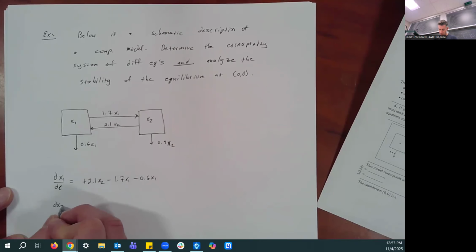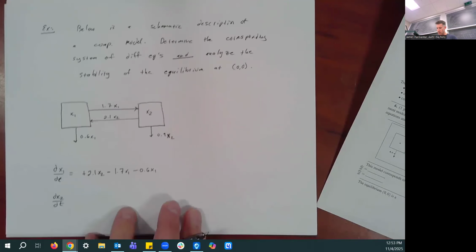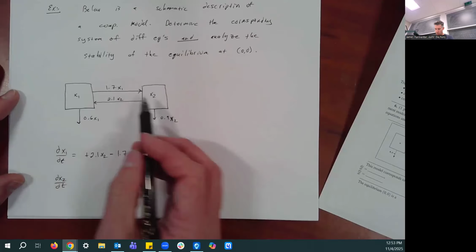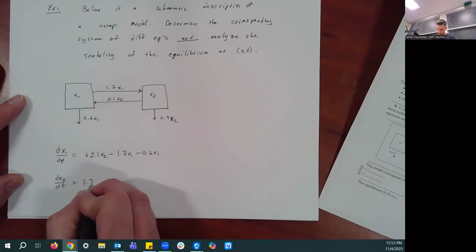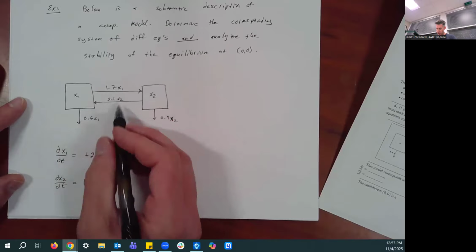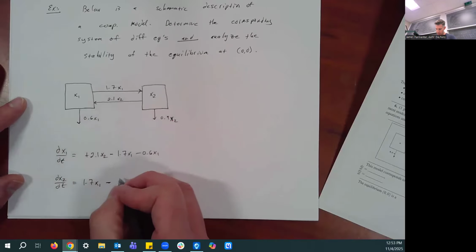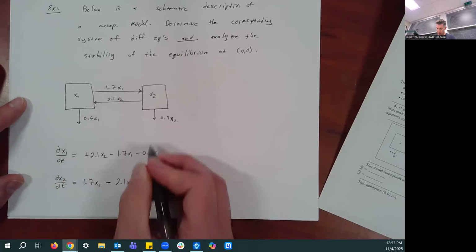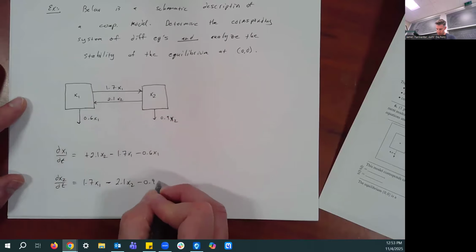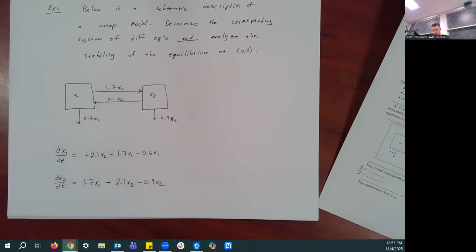Similarly, for the rate of change of x2, well, let's see. What's going into x2 is 1.7 times x1. And what's going out of x2 is 2.1 times x2 and 0.9 times x2. All right, so now we should rewrite this so that we could turn it into a matrix, meaning you definitely need to write your variables in order, x1 before x2, even if the x1 coefficient is negative.